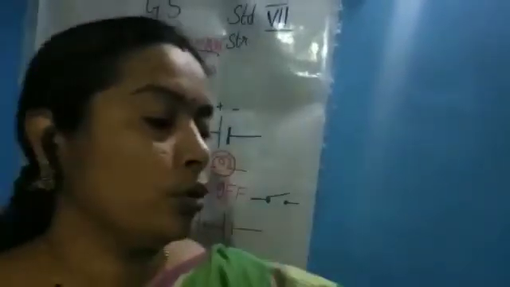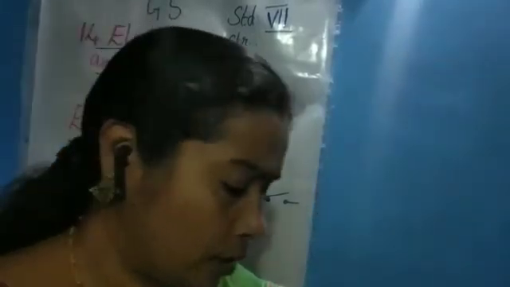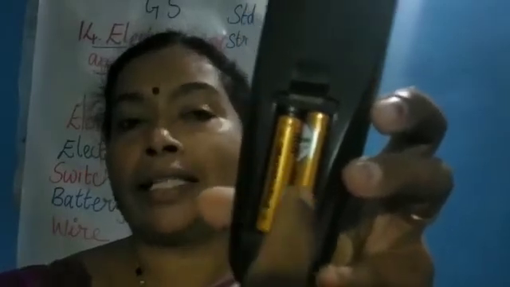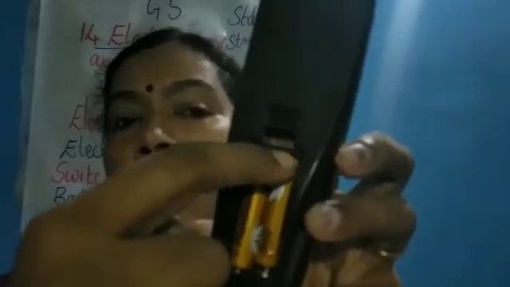Can you see clearly in this TV remote? One battery is straight and another battery is upside down. See here, this first battery's metal cap is the positive terminal, so the positive terminal is this one and this is the negative terminal. From the negative terminal, the next electric cell's positive terminal is connected, and this is the negative terminal of the second cell.